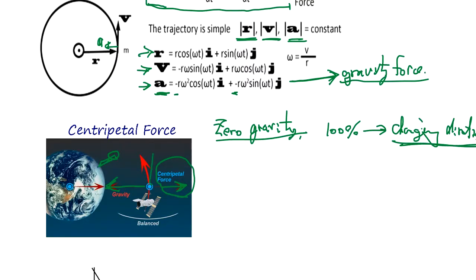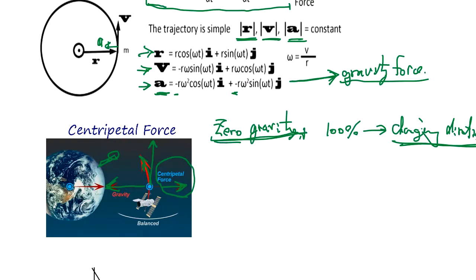Instead of flying off on a tangent, it's changing. Okay, but the astronaut on the satellite or spaceship feels zero gravity. From his viewpoint, there's no gravity. Why is that? Well, actually, it's just perceived zero gravity.